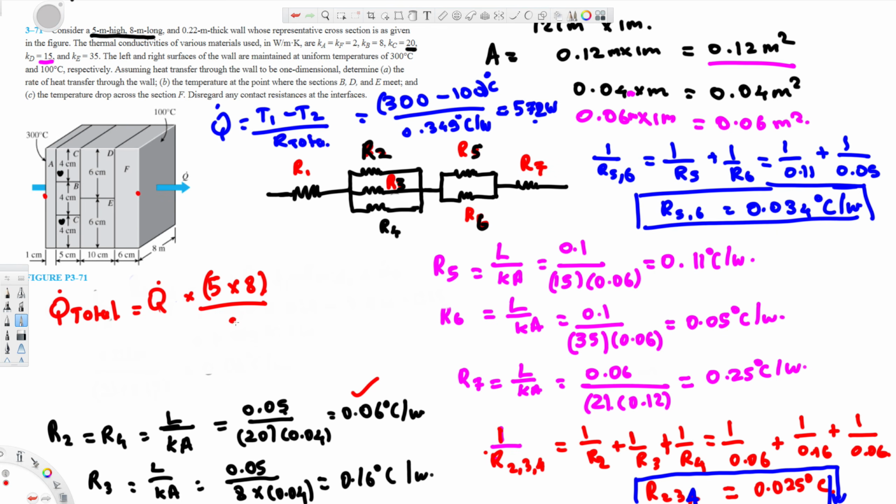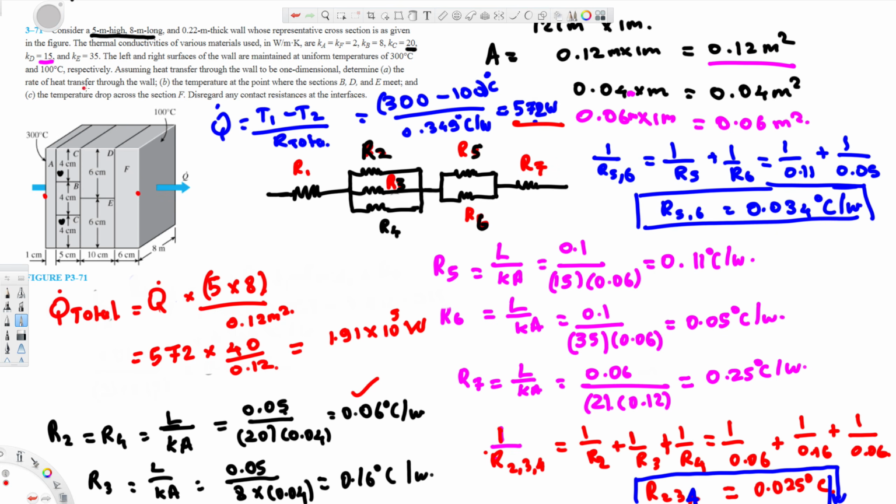So we have to divide this by 0.12 meter square. Let's plug in the value: 572, we calculated that right here, 572 times 40, divided by 0.12, and that's going to give us the total heat transfer rate. If you calculate this, that's going to give you 1.91 times 10 to the power of 5 watts. So this is going to be the total heat transfer rate.